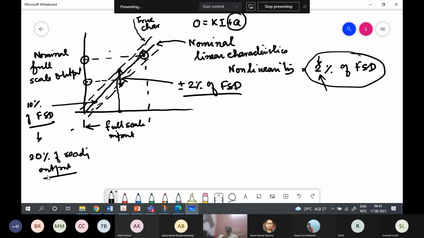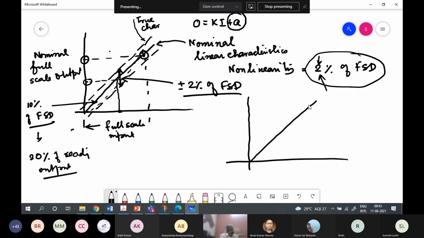So you see that this is the problem. To avoid this, you sometimes state this nonlinearity, or the deviation from linearity, not as 2% of full scale, but as 2% of reading. So if you do it for 2% of reading, again, this is your characteristic.